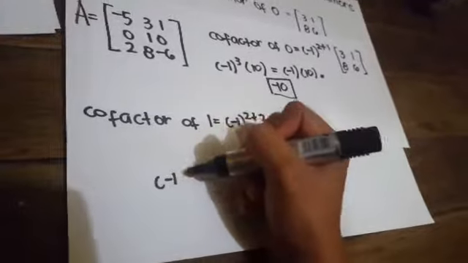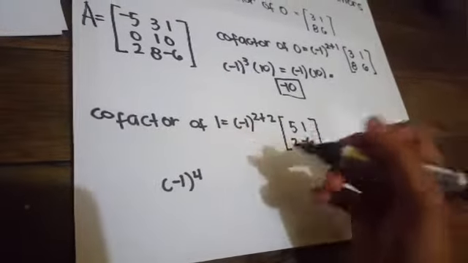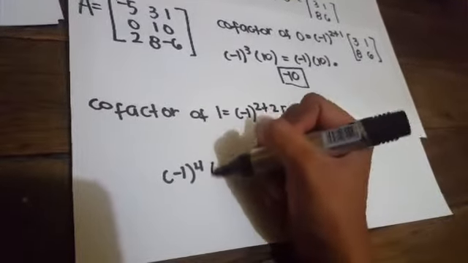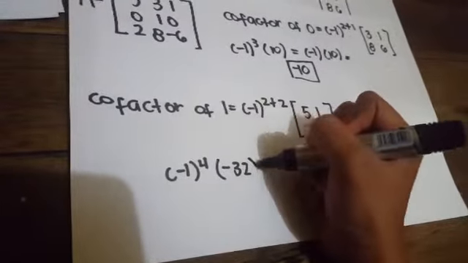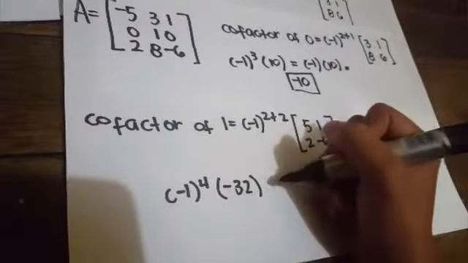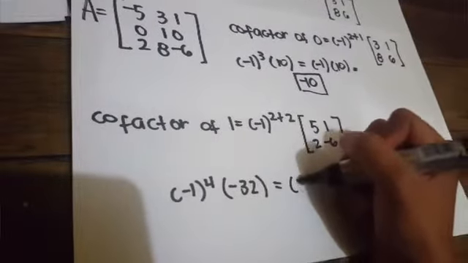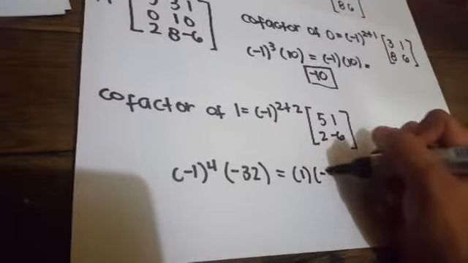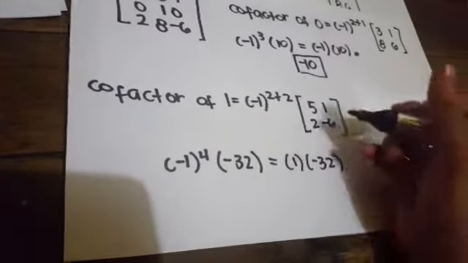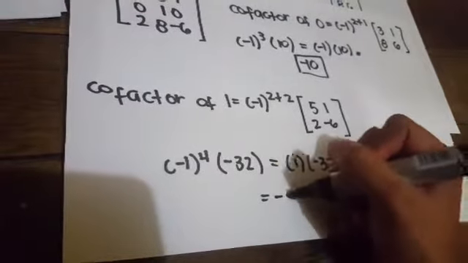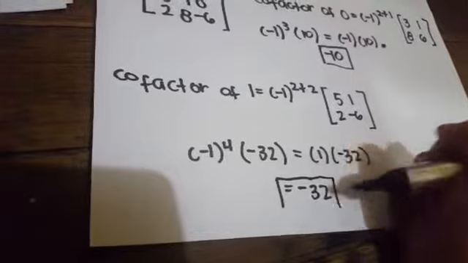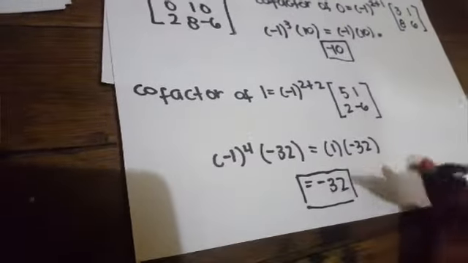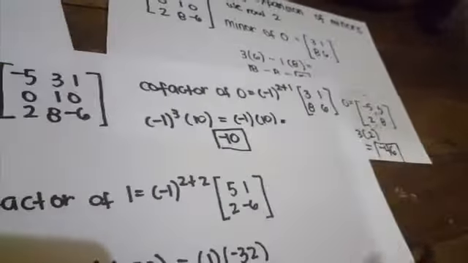So negative 1 raised to the 4th power times negative 32, the result of the minor, equals positive 1 times negative 32 equals negative 32. So the cofactor of 1 is negative 32.